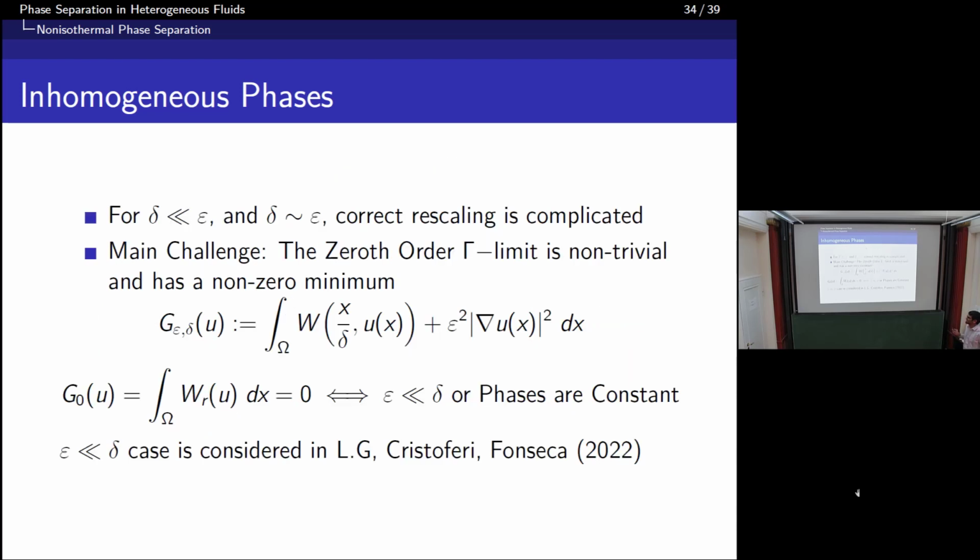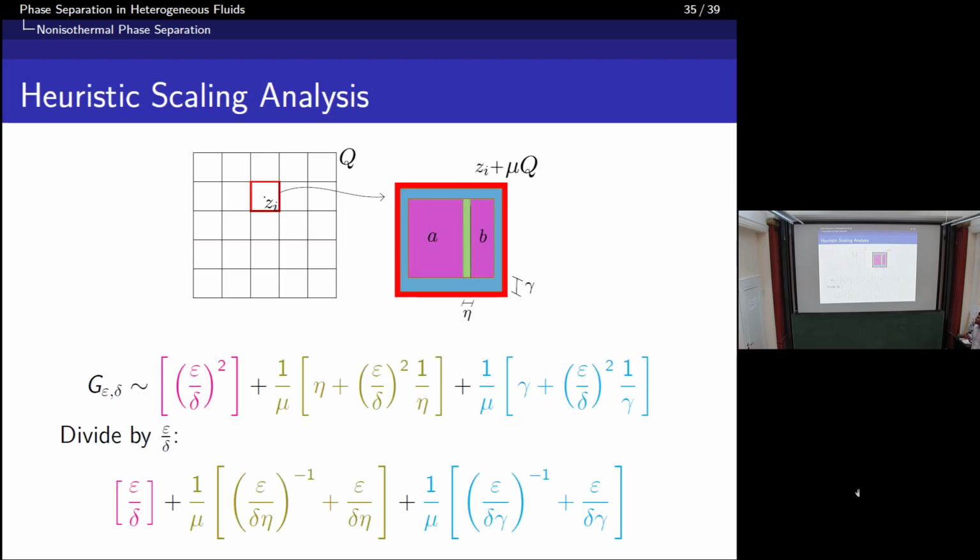As I said, for delta less than epsilon and delta similar to epsilon, the vector rescaling is unknown. But for epsilon less than delta, this minimum is actually 0, so you can try to figure out what the rescaling should be. The way we do this is through a very heuristic scaling analysis.